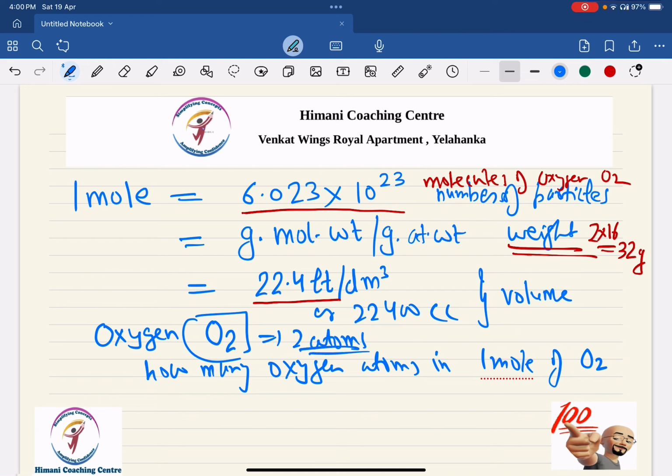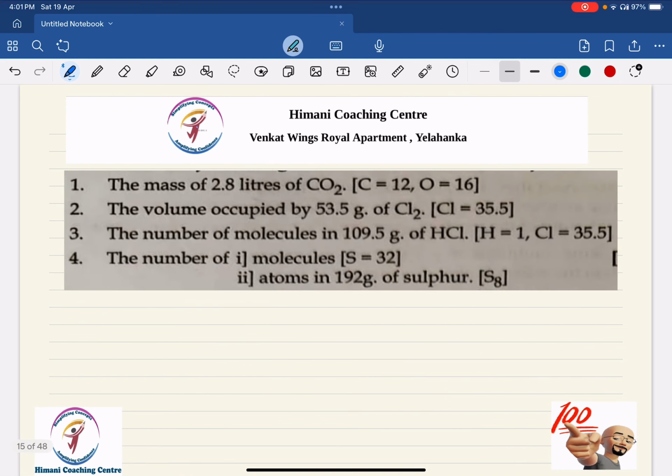Since we are asked for numbers, the answer would be 2 into 6.023 into 10 to the power 23 atoms of oxygen, which is just O. So now let us move to the questions.